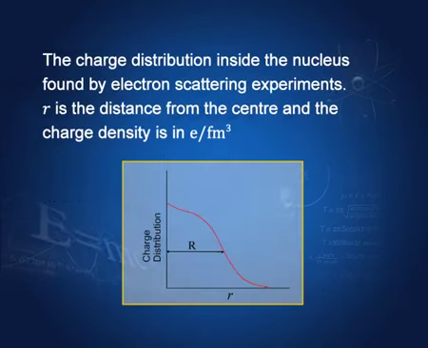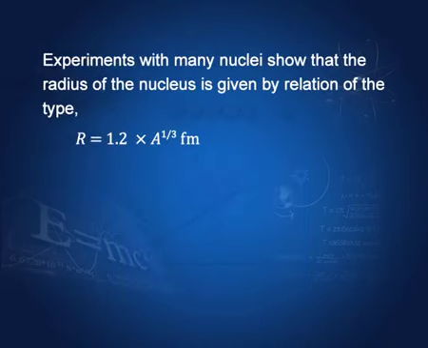This is the charge distribution, and this is the radius of the nucleus, and it can be shown to be equal to 1.2 times A raised to the power 1/3.